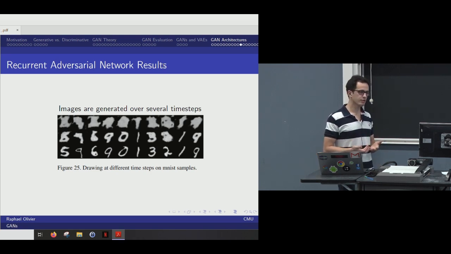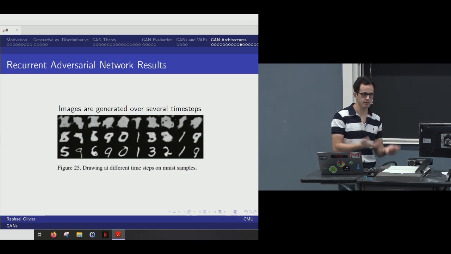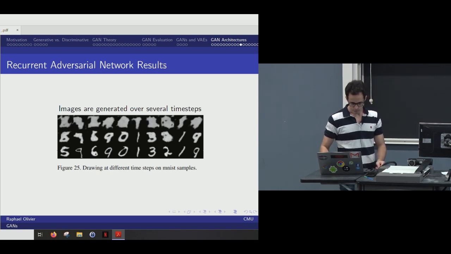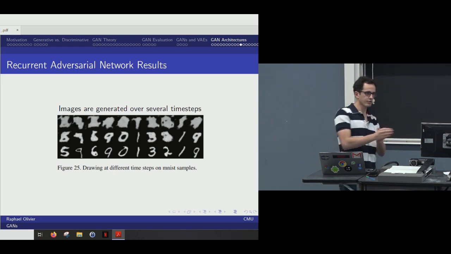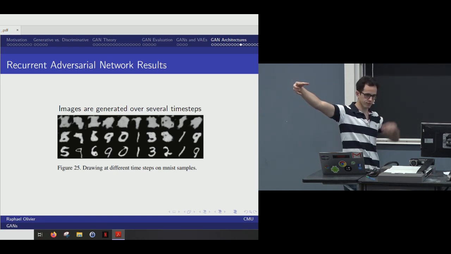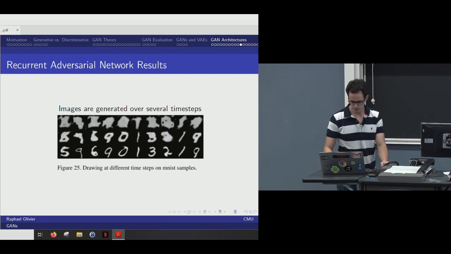This kind of mimics the process of someone drawing something, where you start with the rough canvas, and then you refine it until you get the final image. Again, they differ from Laplacian GANs because in Laplacian GANs you get different GANs that can be trained separately, and here you just got one big recurrent thing with just one backpropagation loop.